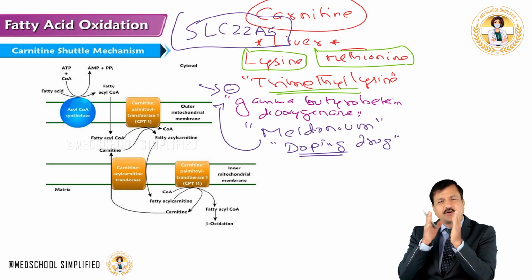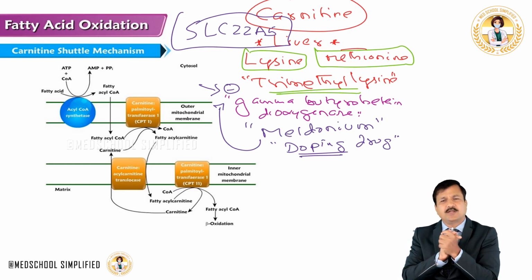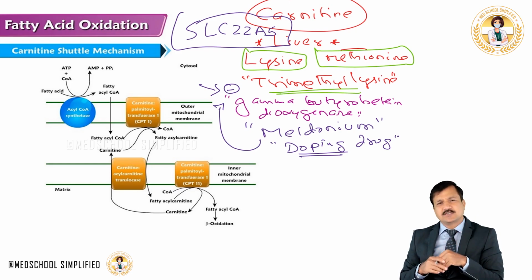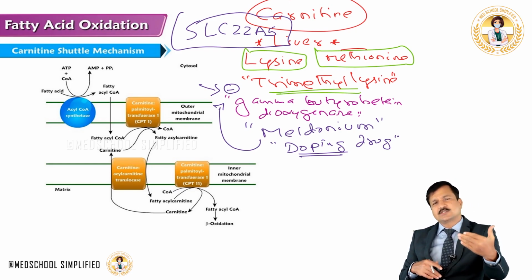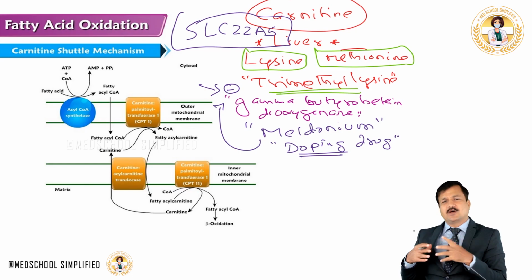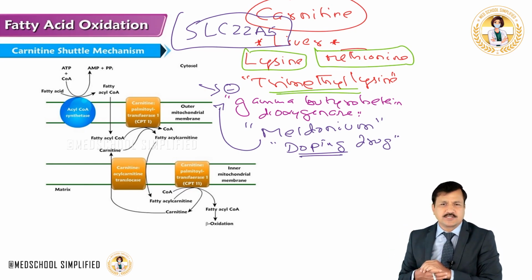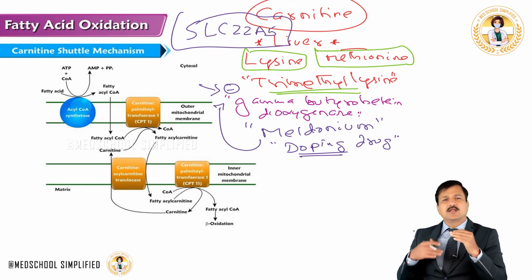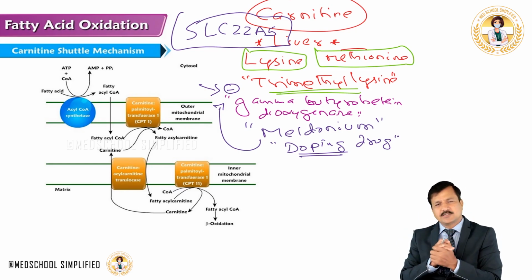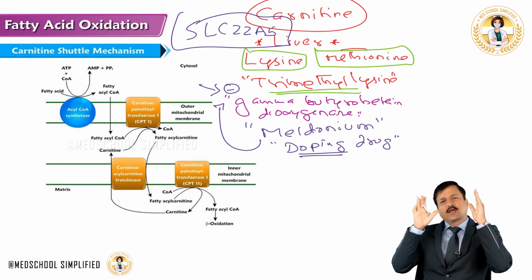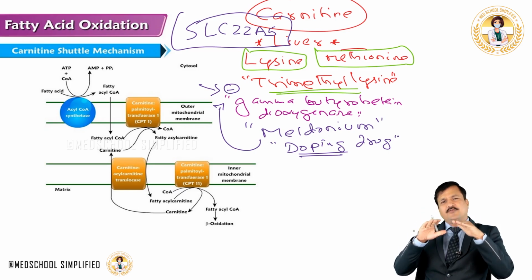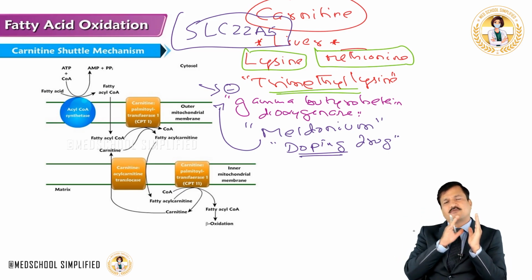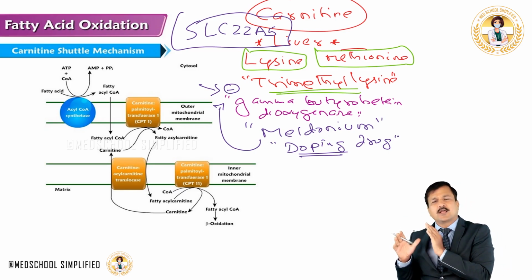In terms of oxygen requirement, fatty acid oxidation consumes much higher oxygen than glycolysis. So with cardiac reconditioning, oxygen consumption is reduced by diverting from fatty acid oxidation to glycolysis.